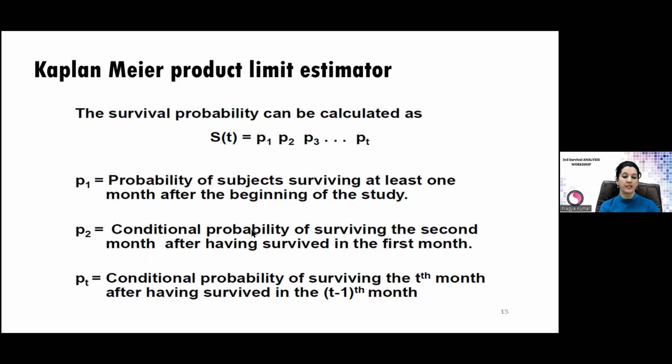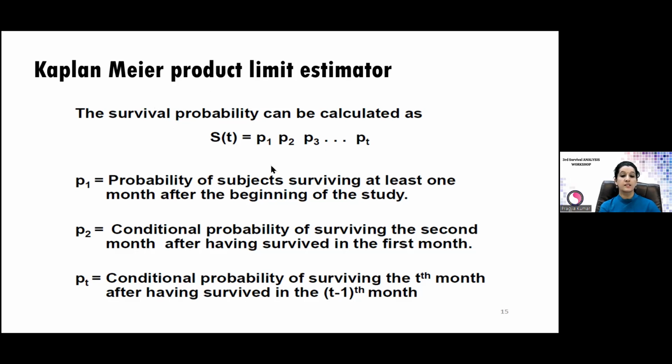So this P2 is the conditional probability of surviving the second month after having survived the first month. Similarly, this P3 will be the conditional probability of surviving the third month, having already survived till the second month. So that is how you explain this Kaplan-Meier product limit estimator.